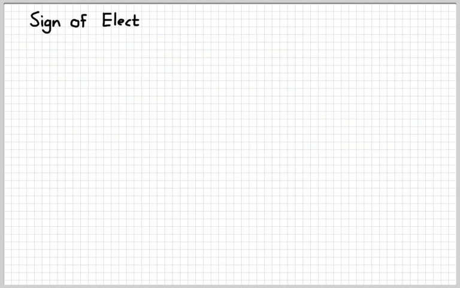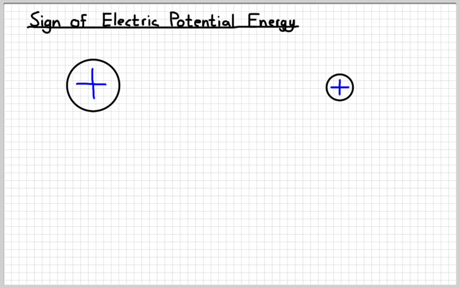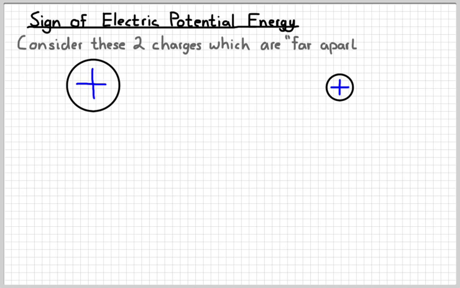So, let's think about the sign of electric potential energy. Here we've got two charges, one big, one small, and they are initially far apart, which means that the separation between them is infinity. Let's suppose we keep the big one fixed in place, held by something.